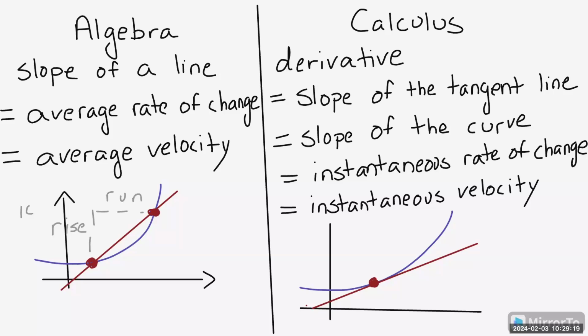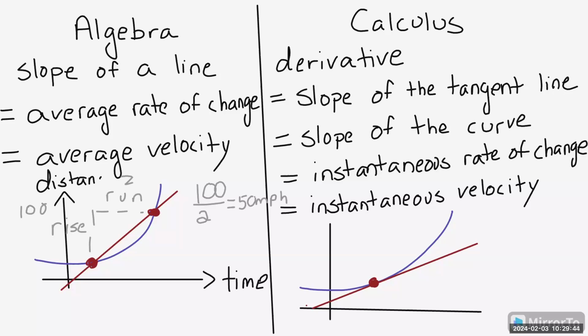So again, 100 over 2 gives me 50 miles per hour, right? If I drive 100 miles over a period of 2 hours, that's 50 miles per hour. That's if the x-axis represents time and the y-axis represents distance, right?